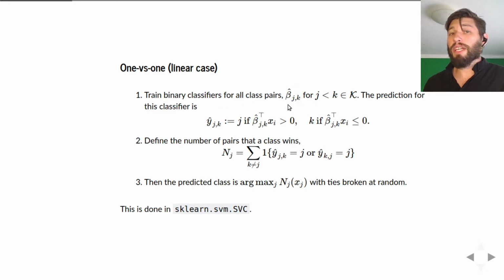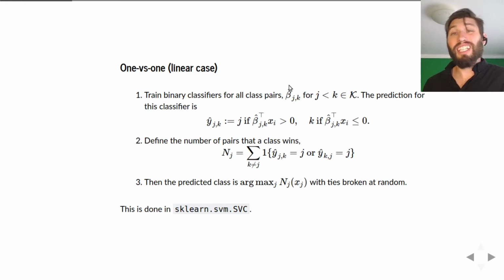So we're going to train a binary classifier, giving beta hat jk, for all class pairs with j less than k. There are capital K choose 2 pairs of classes.